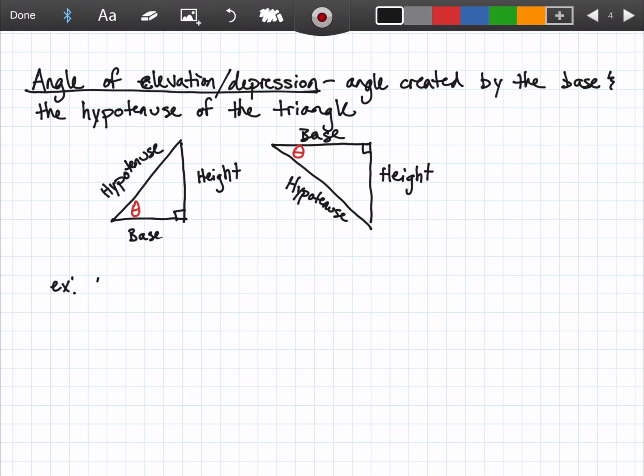So we could say a bird is in a nest 12 meters off the ground.